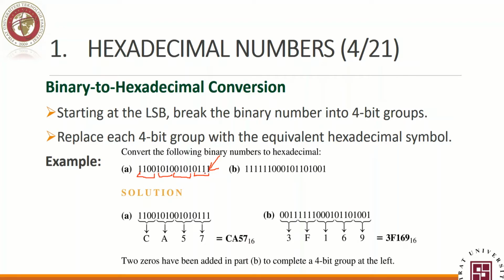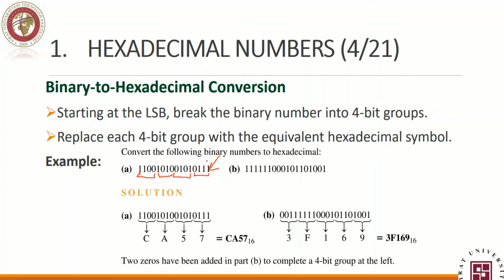So let's start with the first one. 0, 1, 1, 1. How do I convert it? Take the weights. Sorry, I said 8, it should be 4.